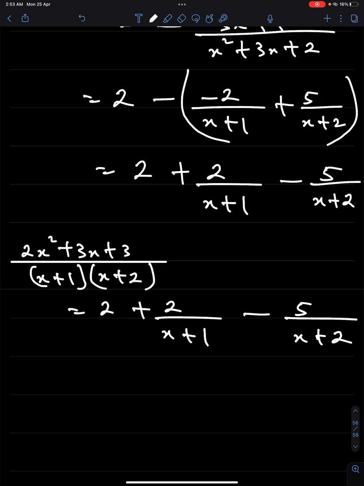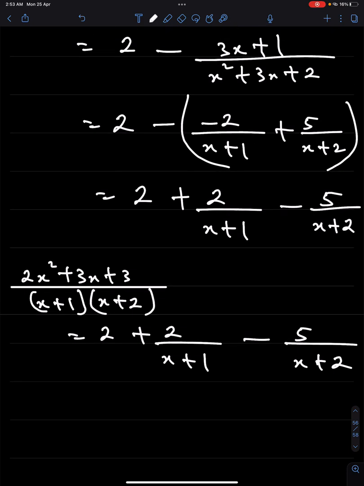And that's it, very, very simply. You only have to remember the method for dividing polynomials so that you can reduce the improper fraction to a proper fraction and then resolve the proper fraction part of that result into partial fractions, as we have done. And that's it, very, very simply.